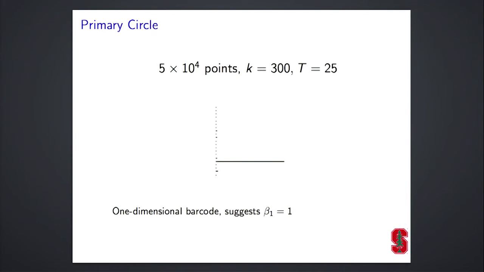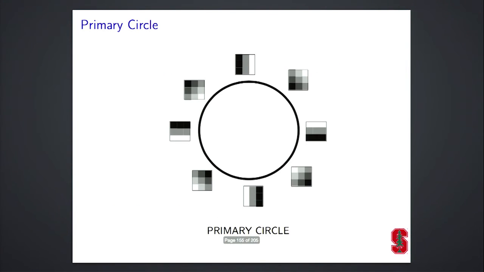You'll notice there's a bunch of short intervals, which happens as the construction is arranging itself, but then there's a long line here. That's not so hard to understand. The question is, what does this suggest? It suggests that the data set is concentrated around a circle, and it's not so hard to understand why, because of this picture. As you can see, it's moving around. It's a single linear gradient going from dark to white.